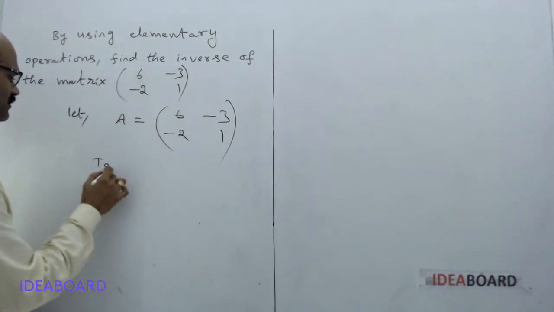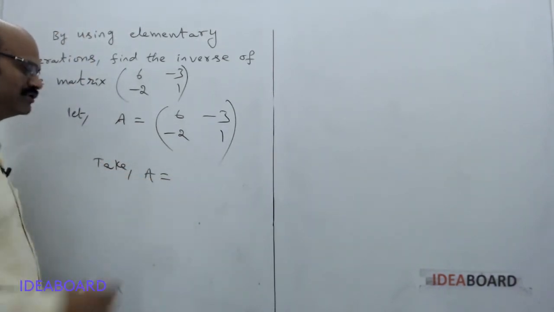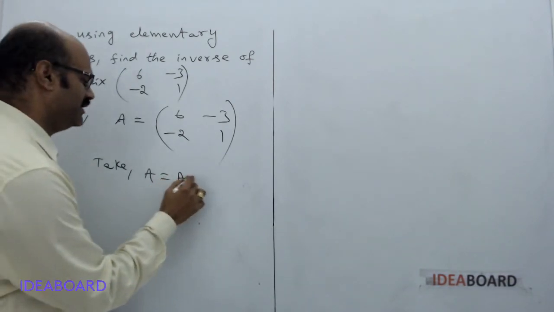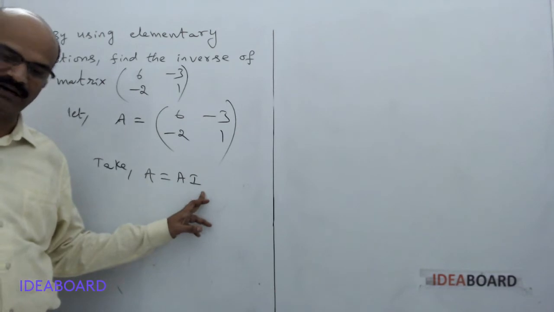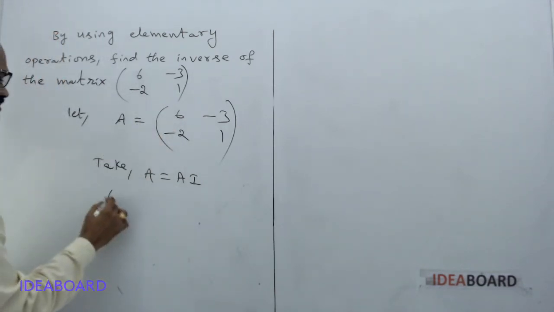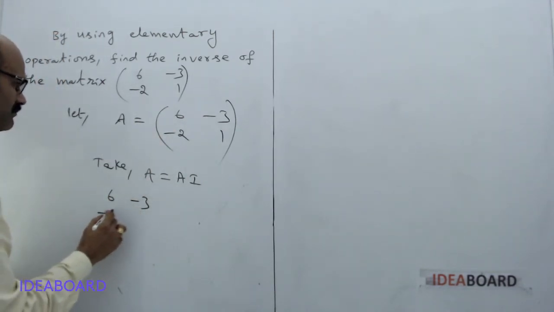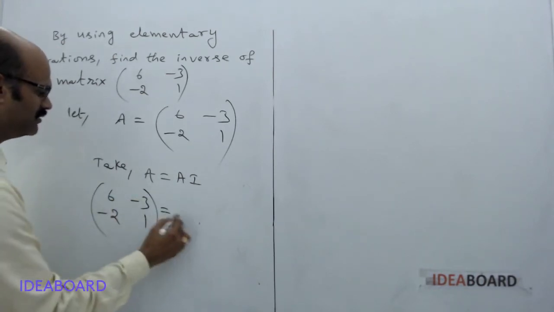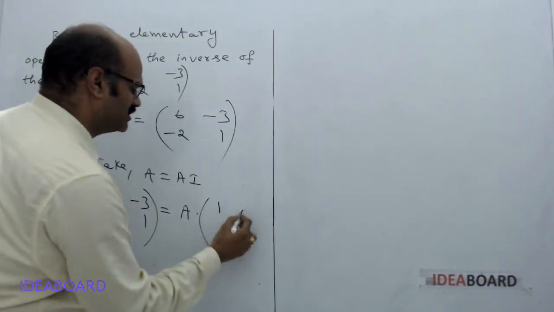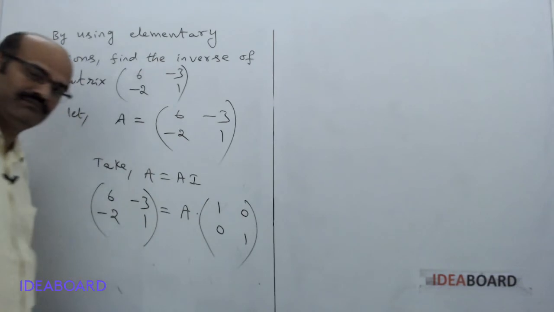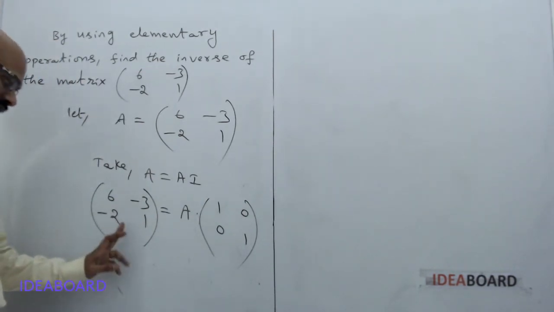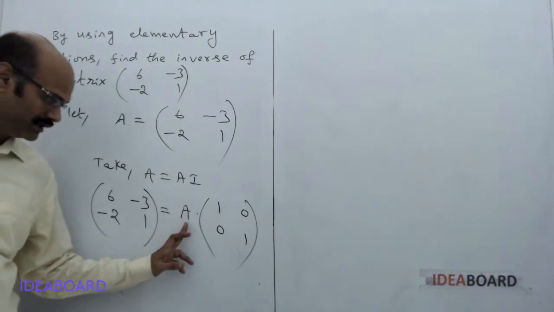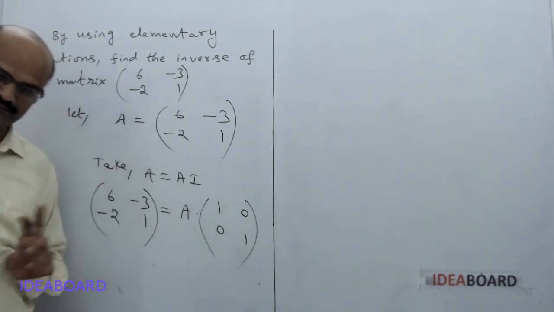Now take A equal to A into I. Whenever you take A equal to A into I, we have to apply the column operations here. So A matrix equal to 6 minus 3 minus 2 1 equal to A into 1 0 0 1. Now we have to get in the form of I equal to A into B.